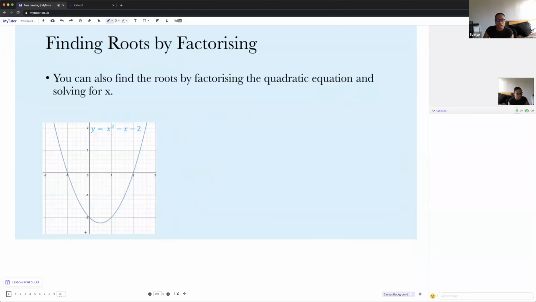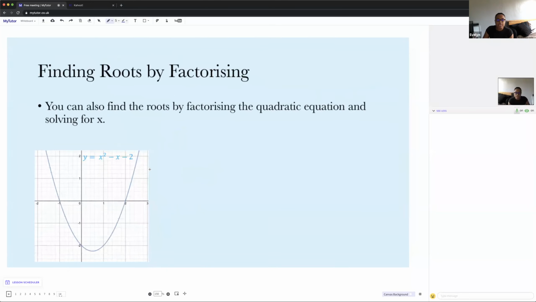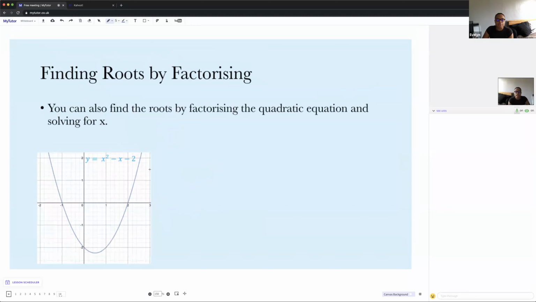Now, sometimes they will ask you to find the roots by factorizing, and the question might be find the roots by factorizing. Right, now one thing that I like to point out is if we have a look at the graph on the left, the equation is y = x² - x - 2.